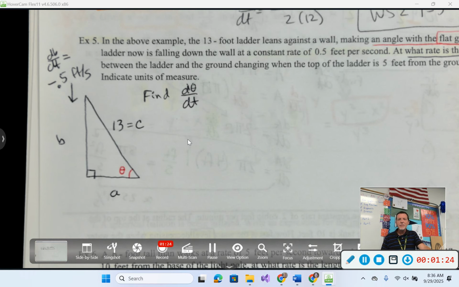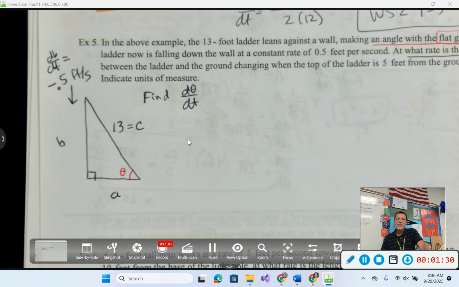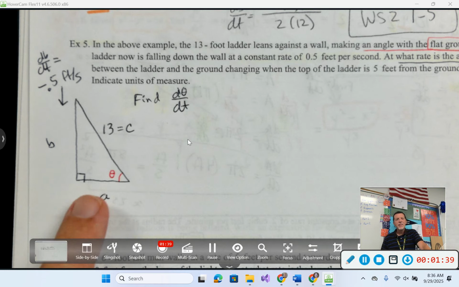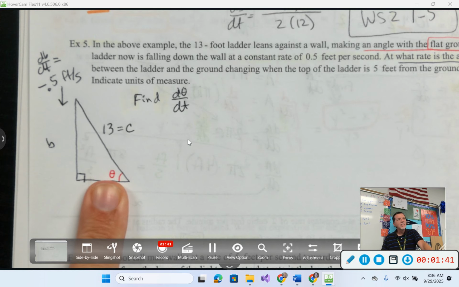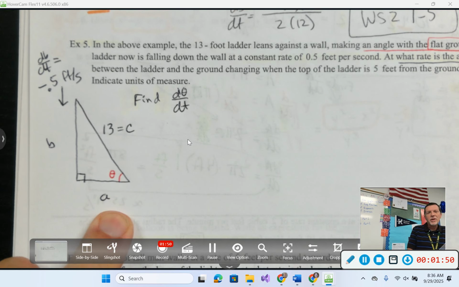Okay, they did not give me an equation, so I have to find some equation that has theta in it. Geometry experts, what's an equation we could write that would have theta in it? Okay, so we have options: sine, cosine, tangent, secant, cosecant, or cotangent.